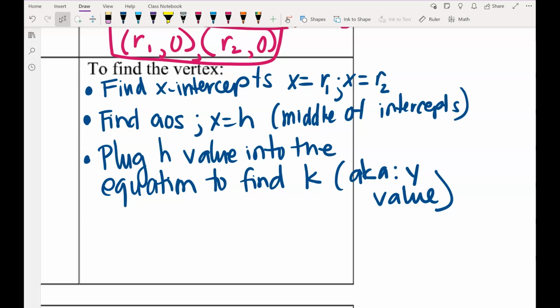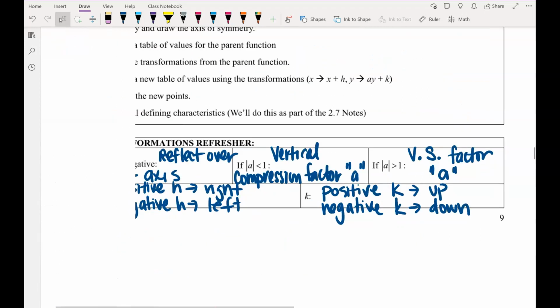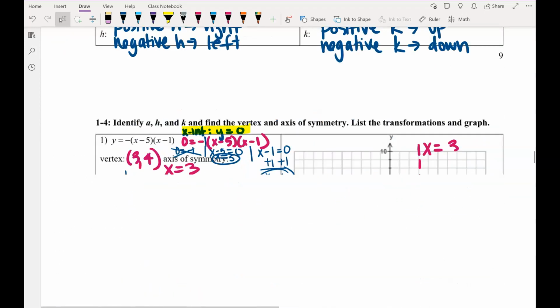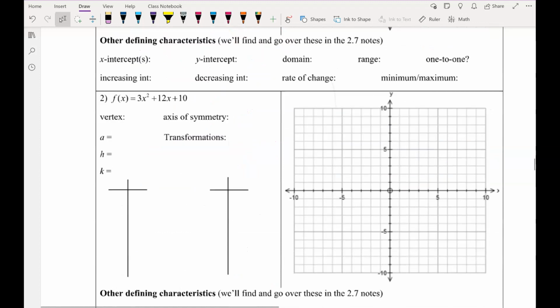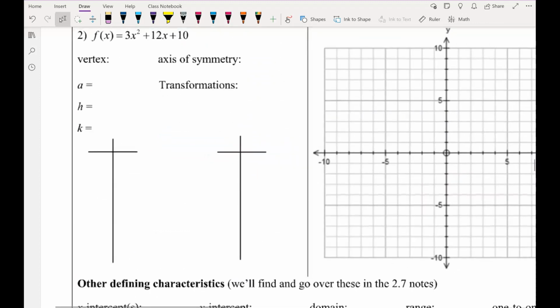Okay, so standard form. Here we go. Example 2: f of x equals 3x squared plus 12x plus 10. We could technically factor this out and put this in factor form. That's one of the ways.